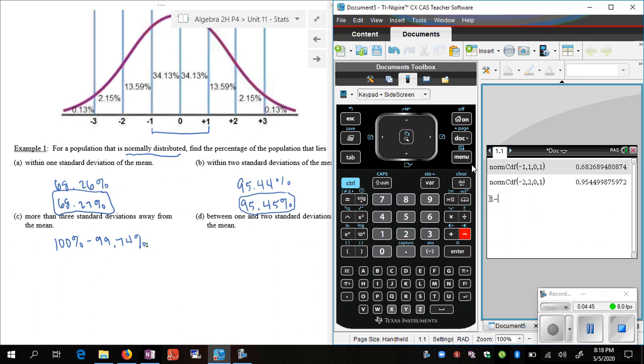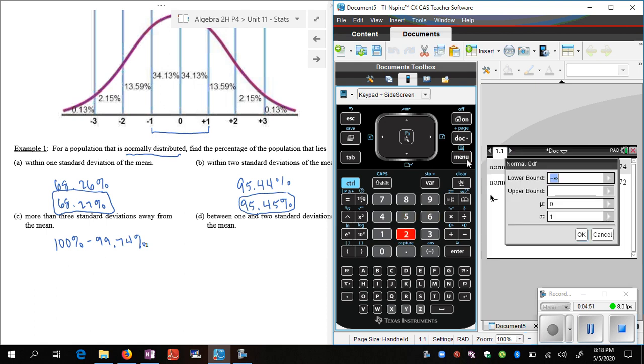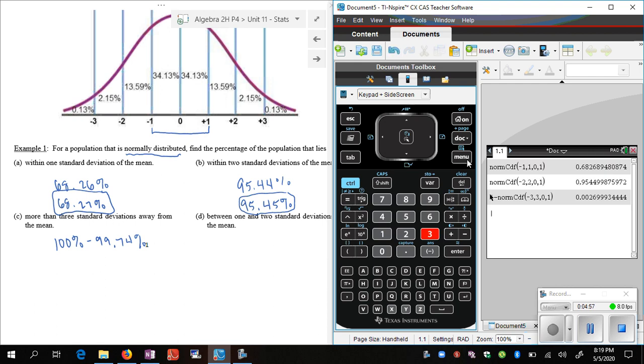We could also do that here on the calculator as 1 minus the Normcdf. So menu 6, 5, 2, lower bound -3, upper bound +3, and I get 0.00, you could actually see the calculator did the 1 minus for me already.